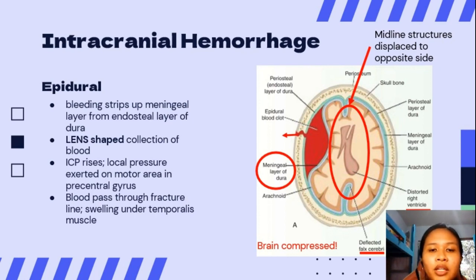And because blood is pooling on one side of the head, the midline structures will be displaced to the opposite side encircled here, and it also compresses the brain. Notice also that there is a fracture line and blood passes through here, causing swelling under the temporalis muscle.